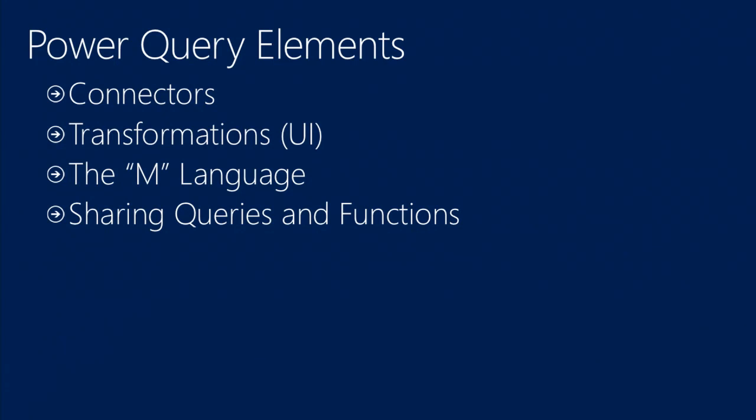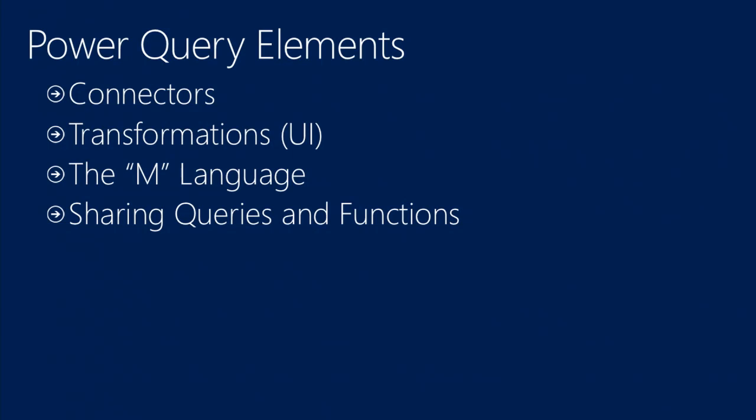We have connectors to access different data sources. We have transformations that we can apply to the data that we gather from different data sources. And then we have the M language. Very important, especially in a corporate BI scenario, is the fact that we can share the result of a transformation. Not the data, but the query, the transformation, the definition of the query that we define in our environment.